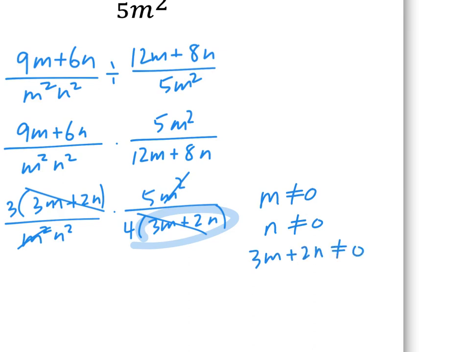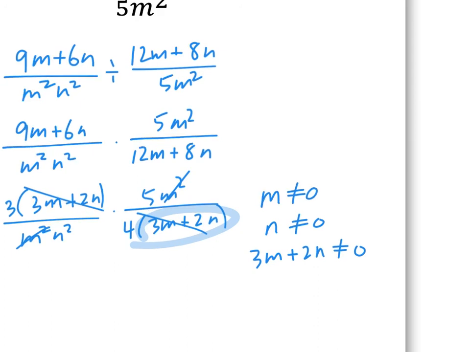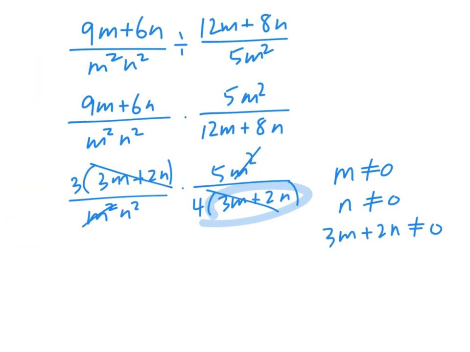That means if you happen to have a ratio of m and n that creates a 0 like that, then it's not going to work. Like, for example, if m were 2, n were negative 3, they would add together to get 0. That won't work. So whatever factor you have in the denominator, they all cannot equal 0. Okay, and then now you just simplify that, so that is 15 over 4n squared.